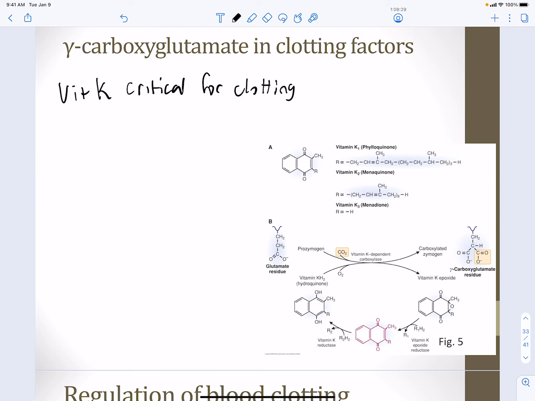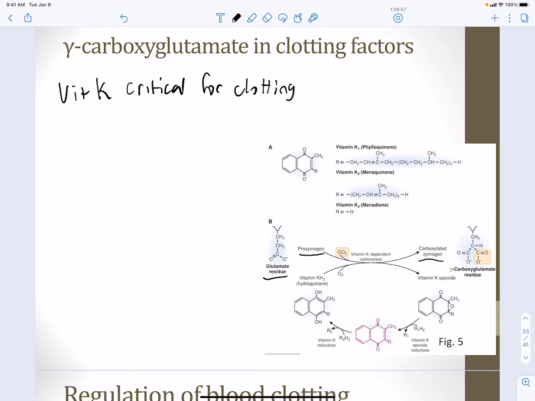Both prothrombin and factor 10 contain 10 gamma carboxyglutamate residues that are going to bind to calcium. So with vitamin K, you have your glutamate residue, you have your prozymogen, even before it can become a zymogen, and it has to get carboxylated to form a zymogen.